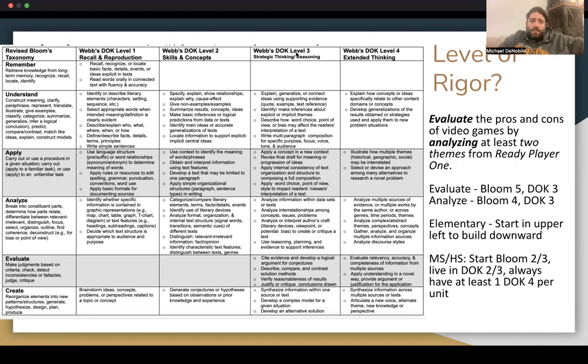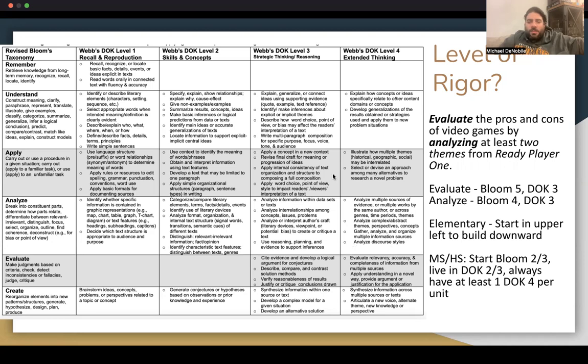Now, as I said before, for elementary school, you're going to start in the upper left and build downward. In elementary, you want to try to get into level 3 and level 4, but you're going to live on the left side over here.